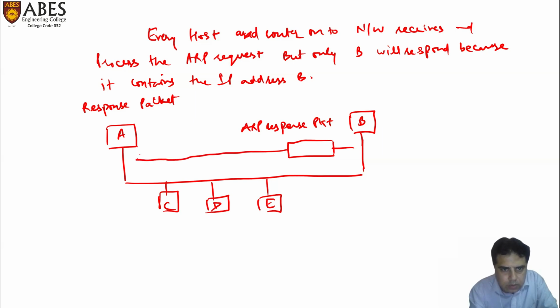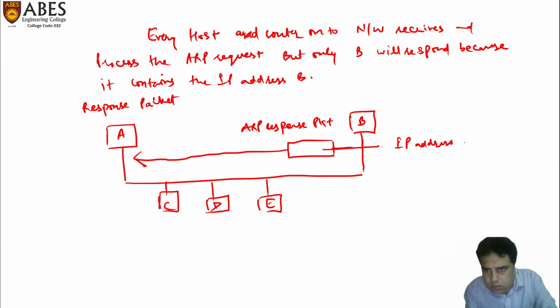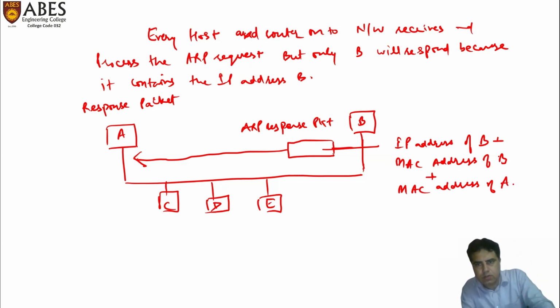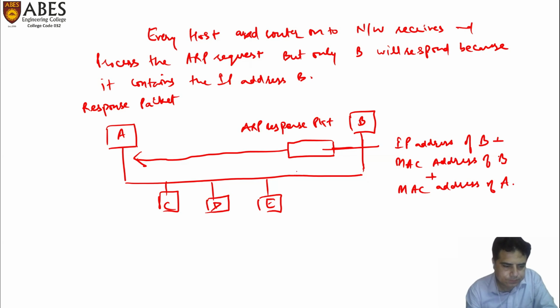The response packet contains the IP address of B plus the MAC address of B plus the MAC address of A, because it knows the MAC address of A. So this packet is delivered only to A using A's physical address in the ARP request packet.